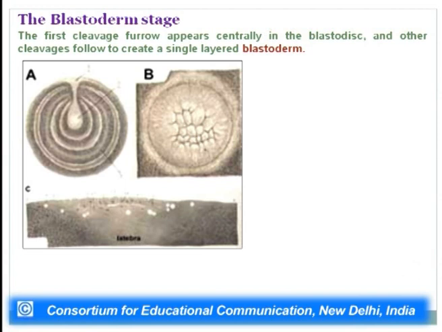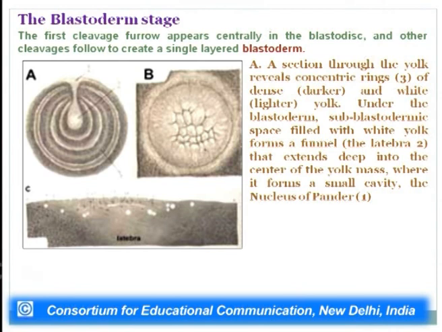We will just look at some pictures and understand some more features of the avian egg. In the first part, A, there is a section through the yolk that reveals concentric rings of dense and white yolk.